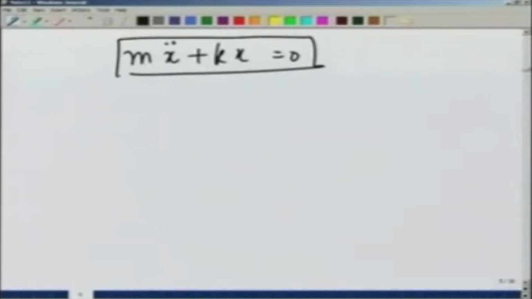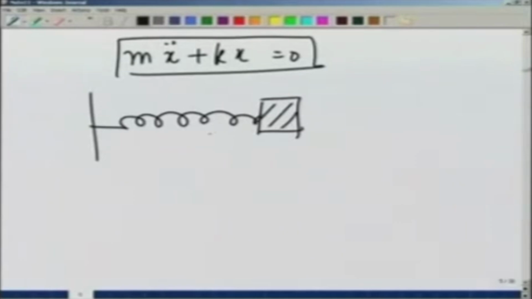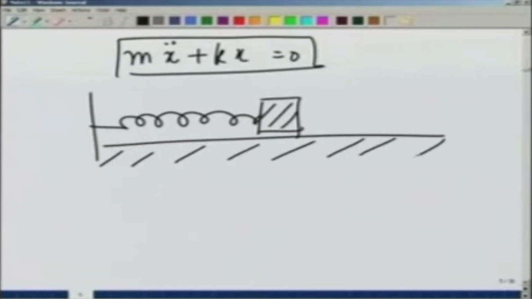So what we have is m x double dot plus kx equal to 0. This is also the equation for a mass tied at the end of a spring which is oscillating on a frictionless plane.